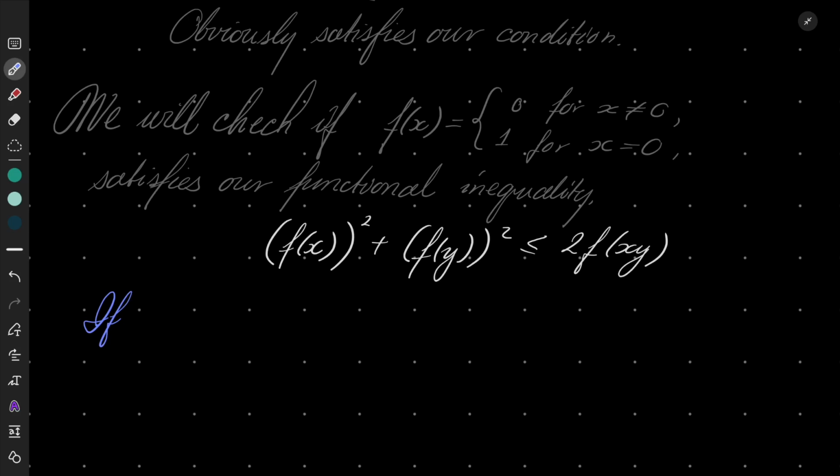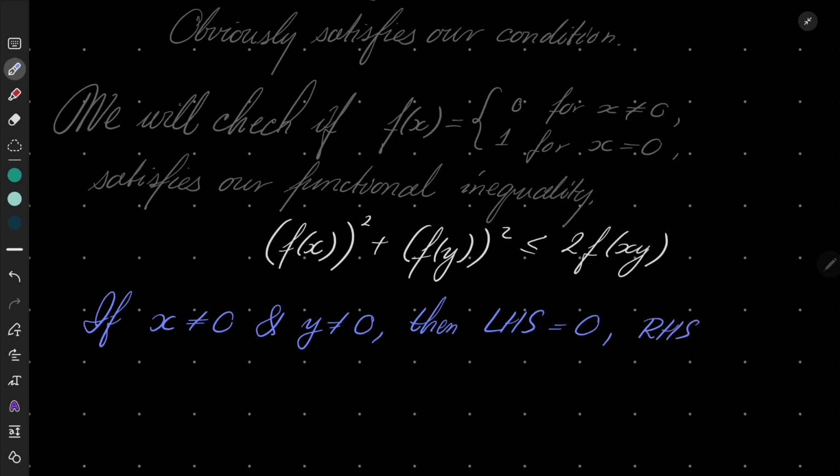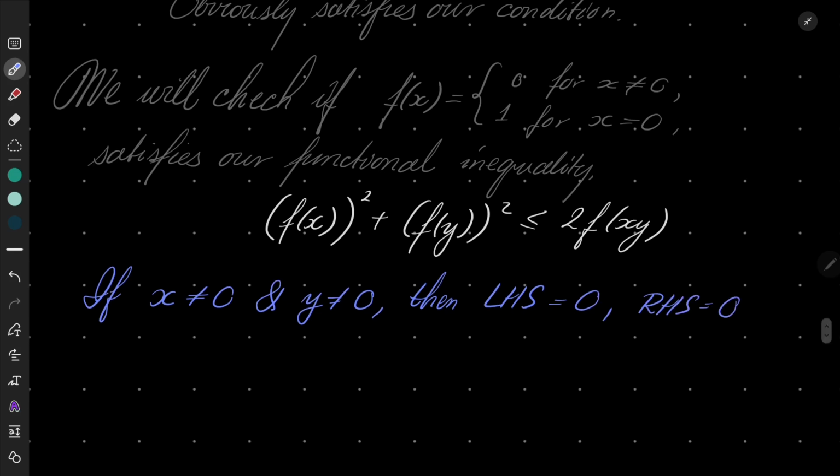Let's put if x is non-zero and y is non-zero, then on the left hand side we will have just 0, and the right hand side will be 0 as well, so our inequality holds.